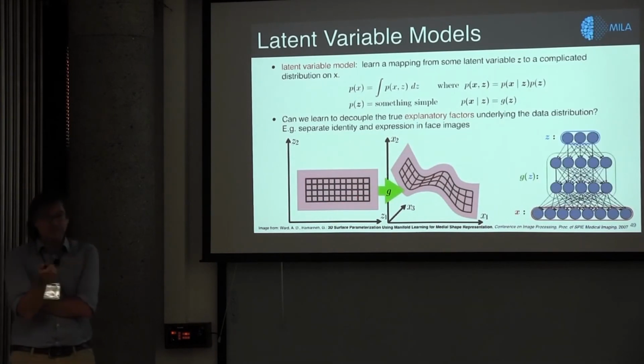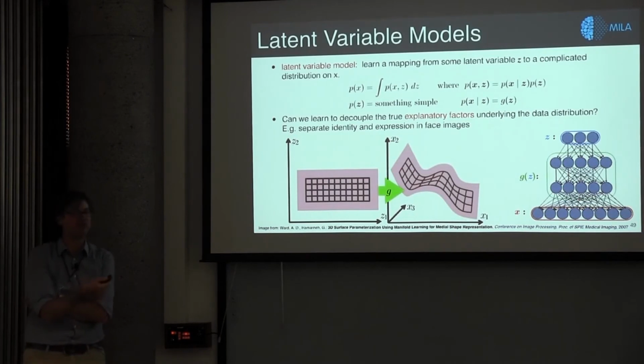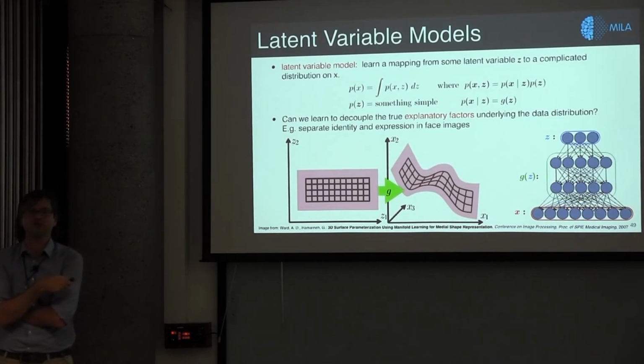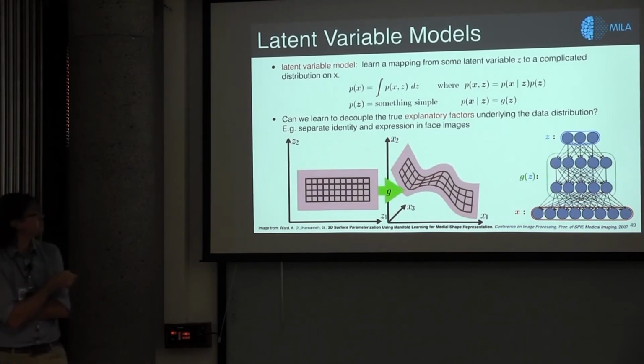The way we're going to do that is to think about this G being parameterized by a neural net. So we're going to start with a sample from some simple distribution. Again, we're almost always going to be considering a Gaussian distribution, and we push that into our data space through a neural net. I show you a fully connected model here, but really for images, you should be thinking about this being a convolutional neural net, because it almost always will be.